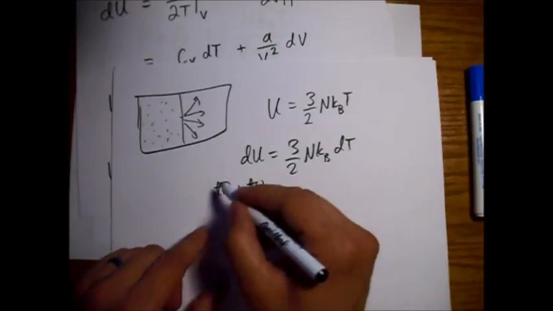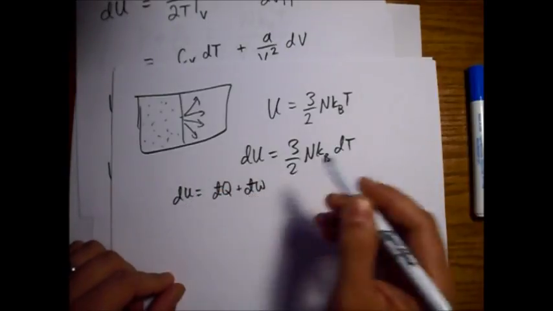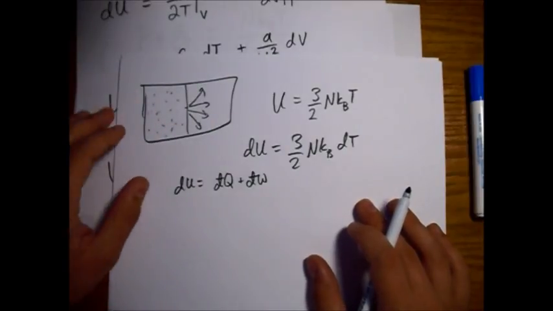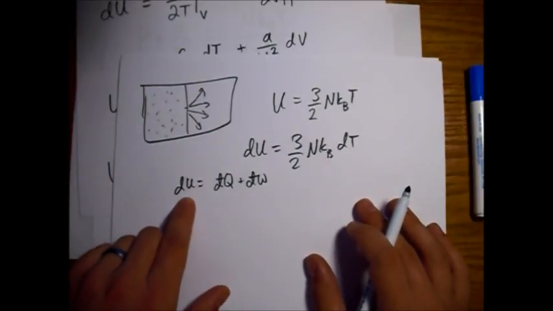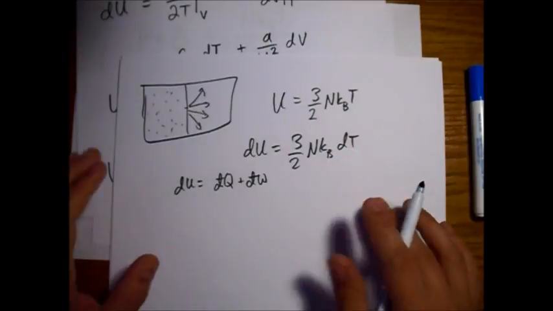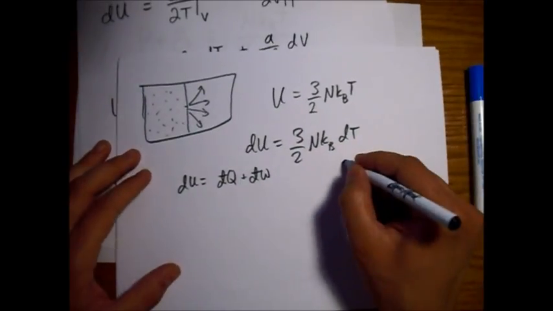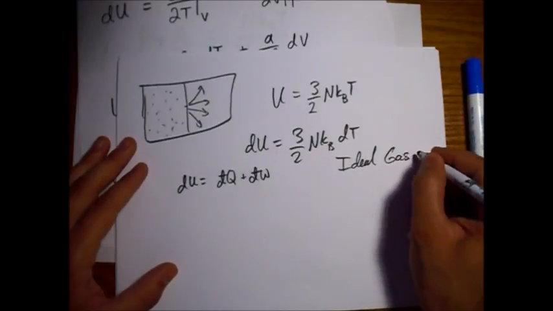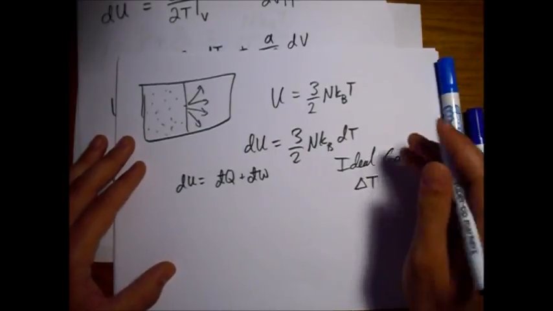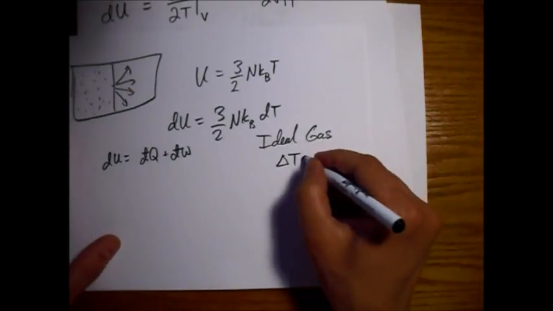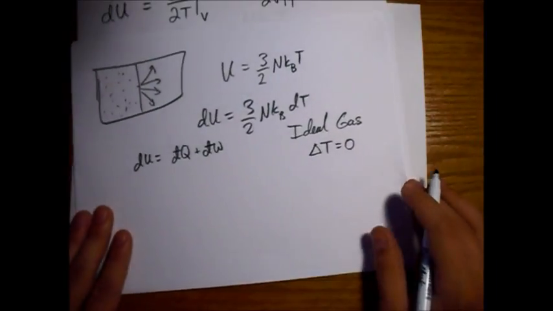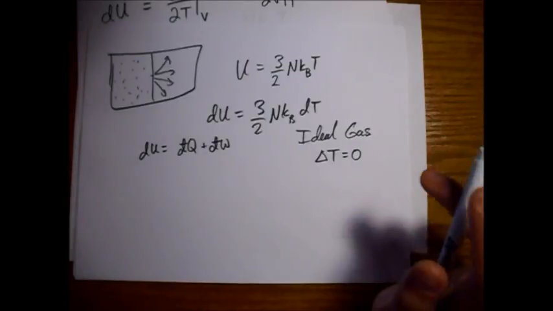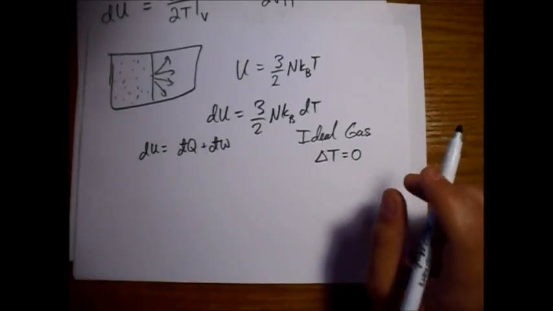There's no heat being added to this, and there's no work being done. So dU is equal to 0, therefore dT is equal to 0. And for the ideal gas, the change in the temperature is equal to 0. Okay.